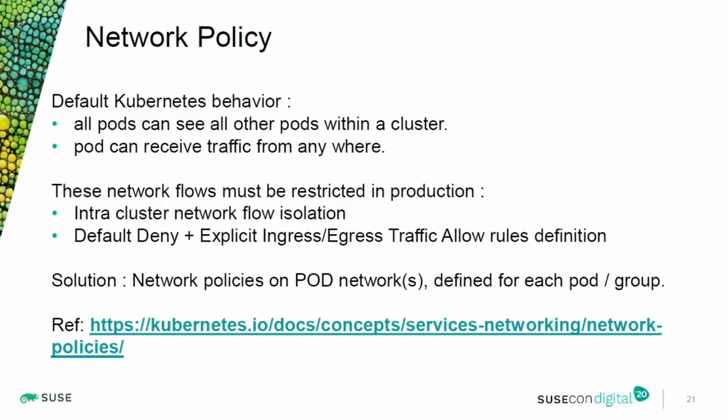This means that a pod can receive traffic from anywhere and send traffic to anywhere. We want to restrict that in production, internal to the cluster or with the external world, with ingress and egress rules. This is thanks to network policies that you can do this.